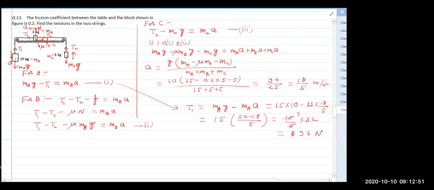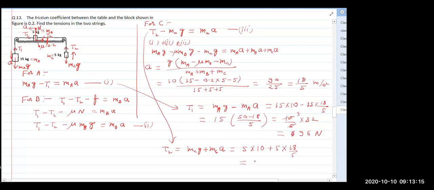Similarly, to find T2, we write another equation; this one we can use for T2. For T2, we have MCG plus MCA. That is 5 kg into 10 plus 5 kg into A, that is 18 by 5.